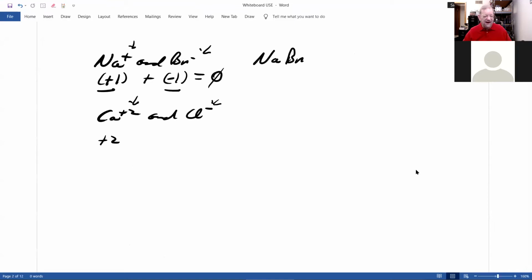What's chloride ion? It's a -1. Now, students try and change these numbers. You can't. But you can change how many, because this has to equal 0, because all molecules have a net 0 charge. But I can change how many. And if I have 2 of these and 1 of those, it adds up to 0.